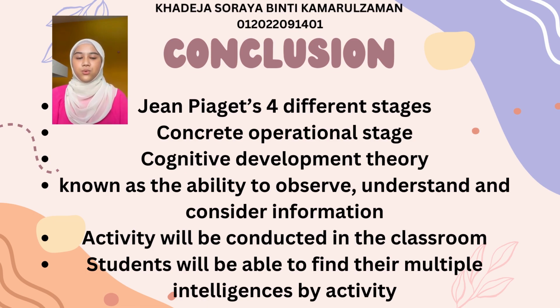The cognitive development theory is the ability to observe, understand, and consider information. Two activities will be conducted in the class, which are singing and finding the -ing, which is about the past continuous tense that the students need to find. The students will also be able to find their multiple intelligences through the activities. That's all for me. Thank you.